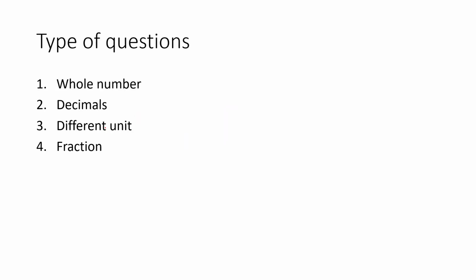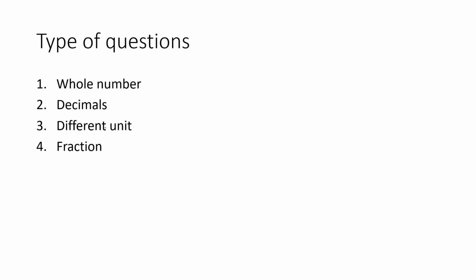For simplifying ratio, you actually have 5 typical types of question, but I will only go through 4 in this video. The last one will be a mixture of these 4, but it will involve 3 quantities. So today we are only concerned with 2 quantities. The first one is whole number. This is the question that you will see in primary school. If it comes out in secondary school, it will most likely be in problem sums.